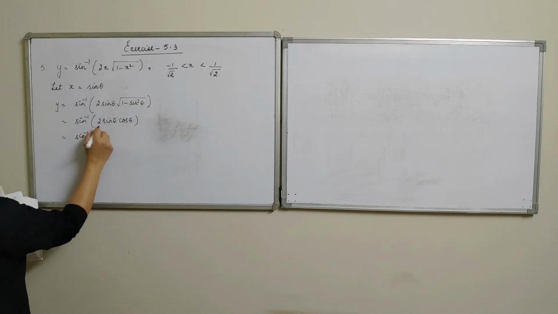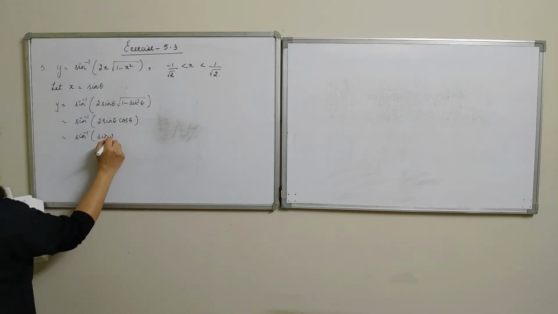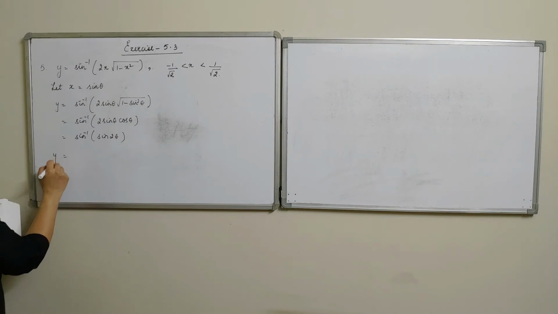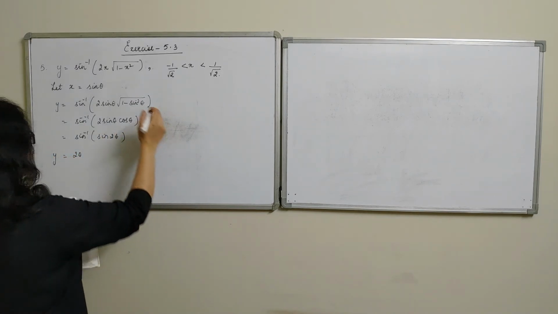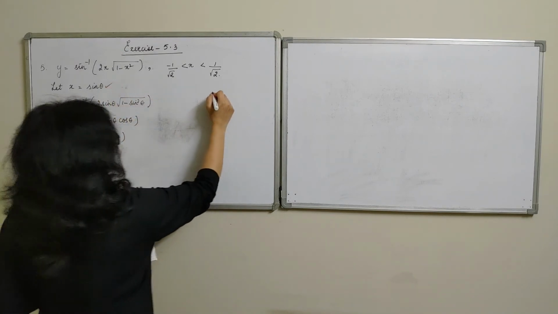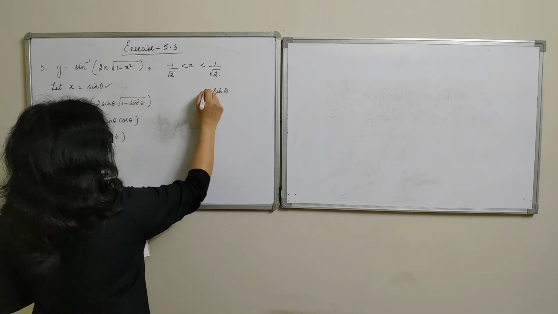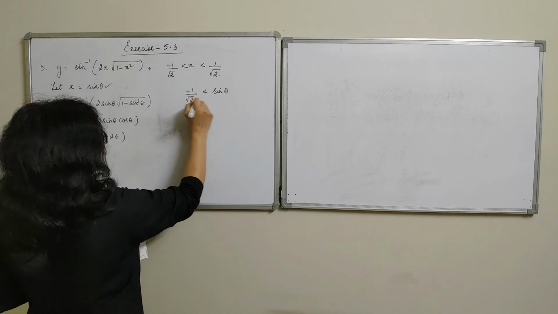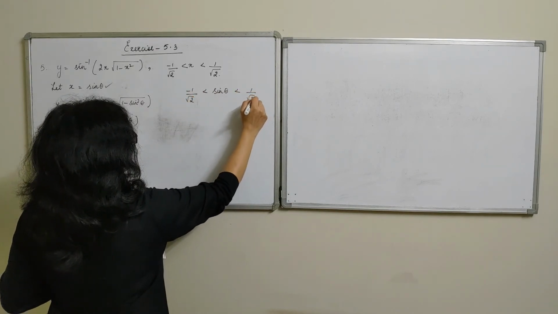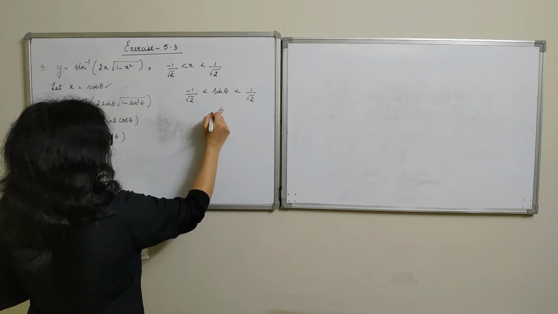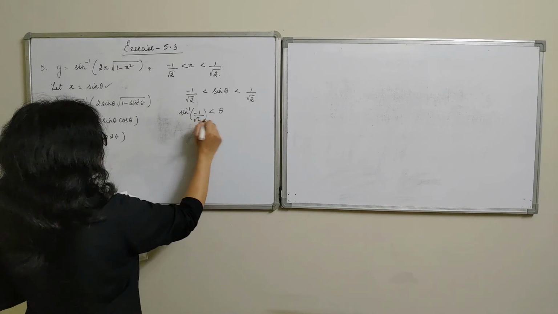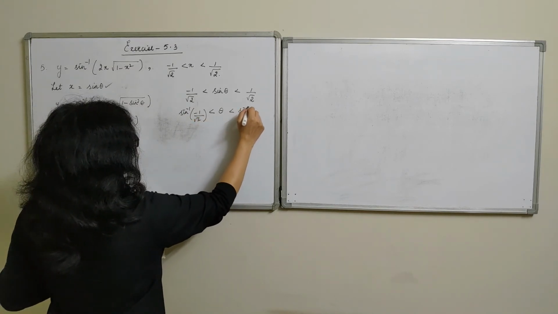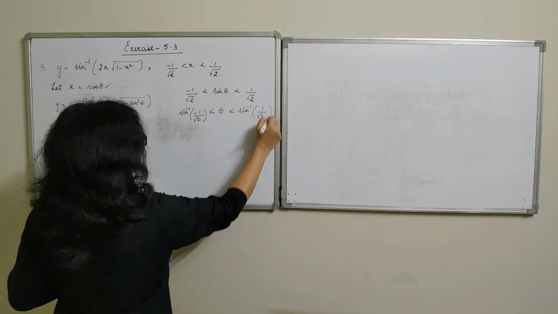Again using the standard result, this is sine 2 theta, and now this angle will be equal to 2 theta if this angle belongs to the principal branch. So substituting x, which is sine theta, greater than minus 1 by root 2, less than 1 by root 2, because sine is an increasing function, it can be written as theta greater than sine inverse of minus 1 by root 2, less than sine inverse of 1 by root 2.